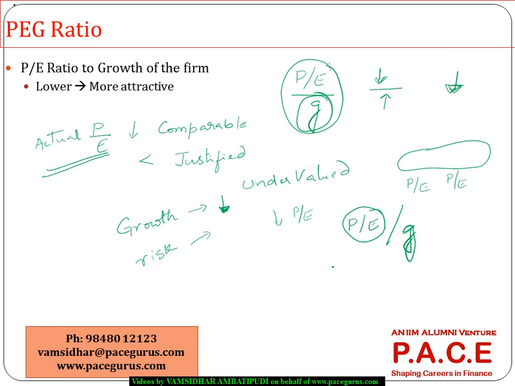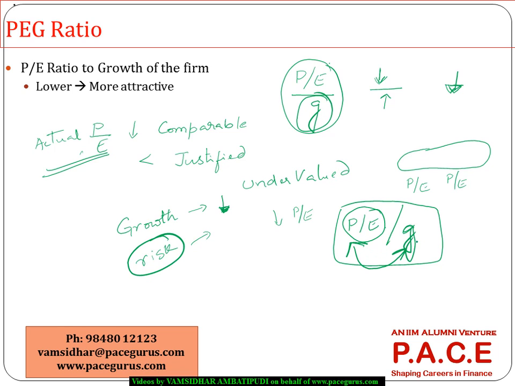So we are talking about the relationship between the P/E and the growth rate. But as I said, it considers only the growth; the risk is still not considered as a part of the model. So though it's a good model to use, it has a certain set of drawbacks also, because probably the relationship between the P/E and growth is not a linear relationship.